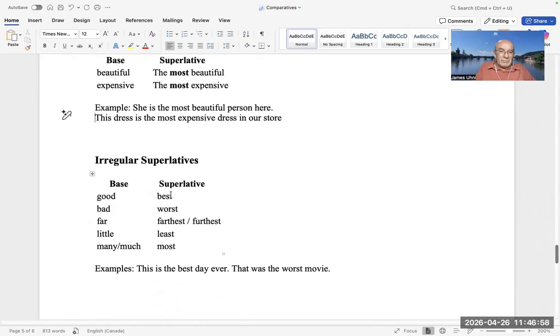Then we have irregular superlatives. Good, best. It's not goodest, but the worst. Worst, not baddest. Far, furthest, or furthest. Little, least. Many, much, most.